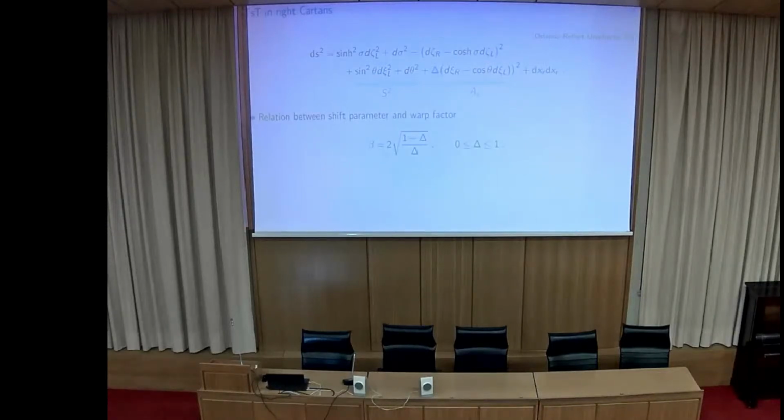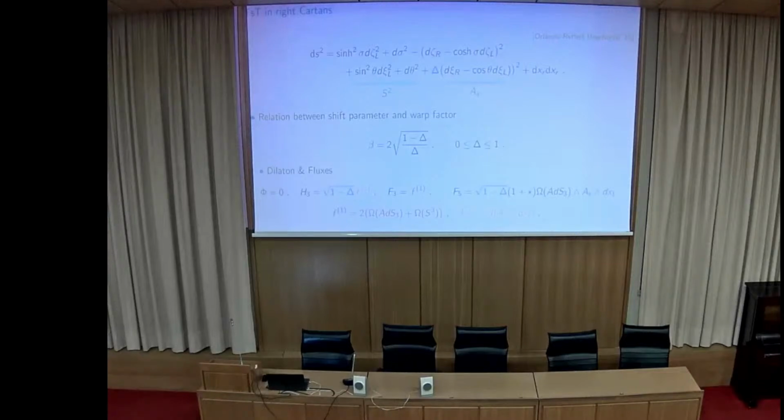The relation between the TST parameter, so the shift in the TST, and the squashing of the sphere is through this formula, and delta takes values between 0 and 1. Delta equal to 1 is just the sphere, and then we will see also that something interesting happens when delta equals 0, which corresponds to the maximal deformation limit. So this is for the metric.